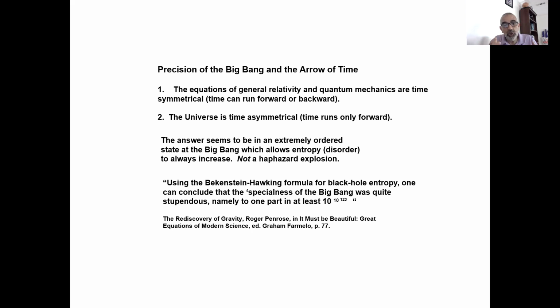And to have this situation of time symmetric equations that can run forward or backward, but only run forward, means that the universe was set at such a low entropy that whenever that entropy changes, statistically, it has to increase.